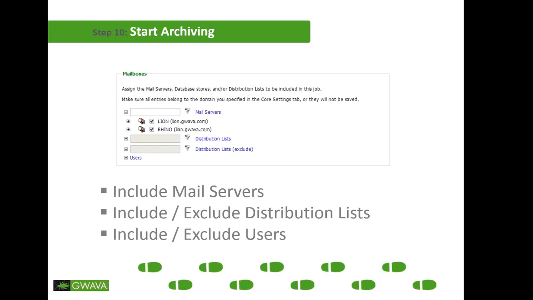So select the mail server and exclude users is possible. And then if you save it, you have to wait a few minutes, a few hours, depending on the size of the mail system, on the number of users, and for sure on the size of the message database you have.